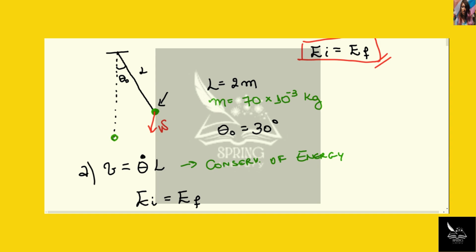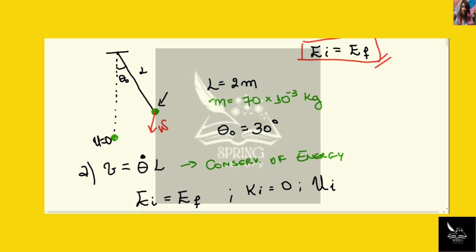Since there is no velocity, the initial kinetic energy is equal to 0, and we have only the gravitational energy that I'm going to call U. To find the gravitational energy, we have to choose a place on our system to be the zero for gravitational energy, because since gravitational energy is a potential, the only thing that interests us is the difference.